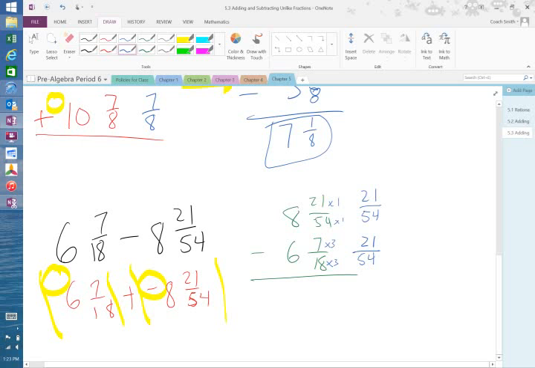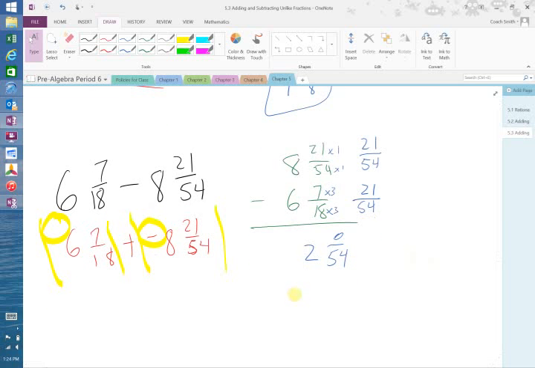So now we have 21 minus 21, which gives us 0 over 54. 8 minus 6 is 2. Well, 0 over 54 is just 0, so that would be 2. It's a negative because that sign right there is the larger absolute value. So it's negative 2.